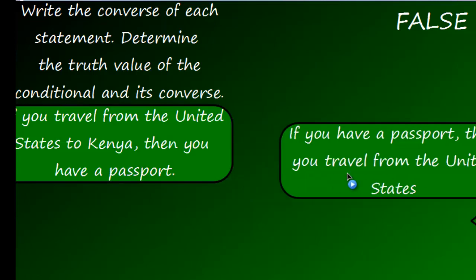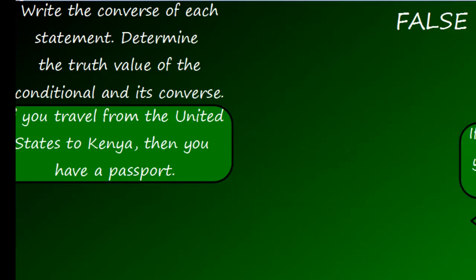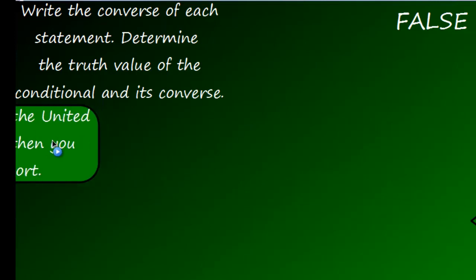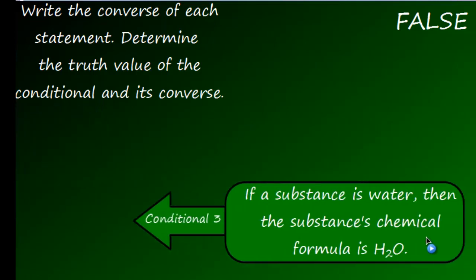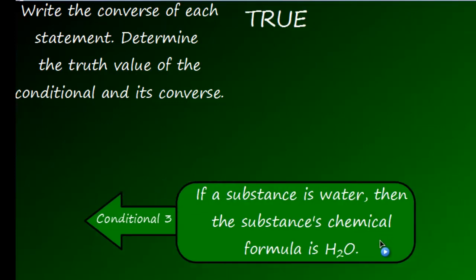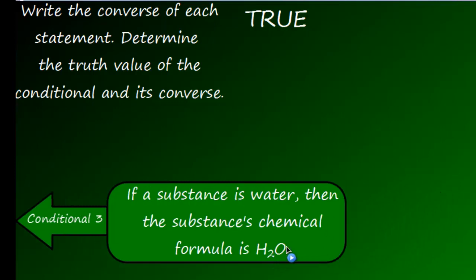So again, we demonstrate that the conditional and its converse may have different truth values, and that's okay. Let's take a look at one more example. If a substance is water, then the substance chemical formula is H2O. Now that would be a true statement. If you have water, you have H2O. So let's look at its converse.